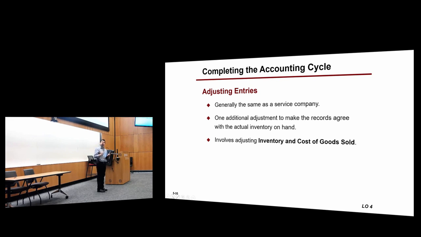Think about inventory and cost of goods sold under the perpetual system as a couple. What affects the first one will affect the second one. Because in this case, your inventory will, for example, decrease, right? And that will also happen to what? That means that this is an expense.